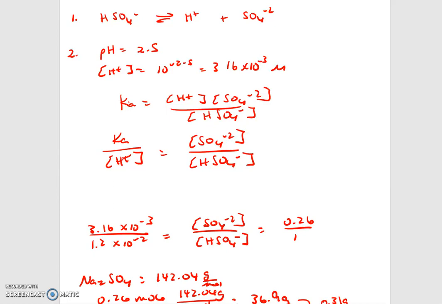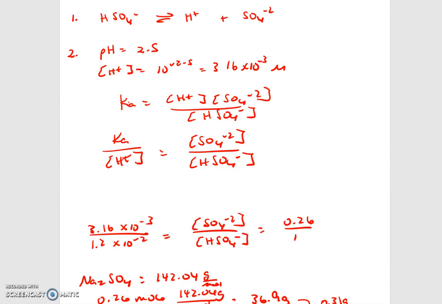So my concentration of hydrogen ions times the concentration of my sulfate ions over the concentration of my hydrogen sulfate ions. I'm going to divide both sides by my hydrogen ion concentration, and I'm going to get Ka over my hydrogen ion concentration will equal the concentration of my base over the concentration of my acid.